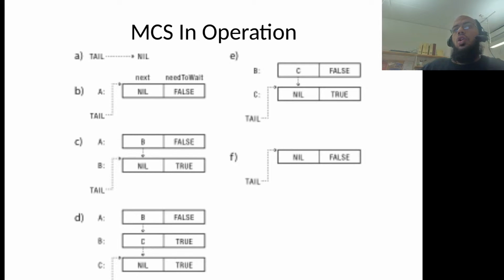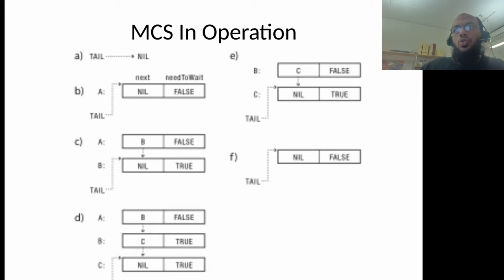And this is how the operation would look. In the beginning you have a tail of nil, nothing in that queue, no thread, and then thread A joins, and it doesn't have to wait, so need to wait is false. Then thread B joins, and since thread A is still running, it has to wait.